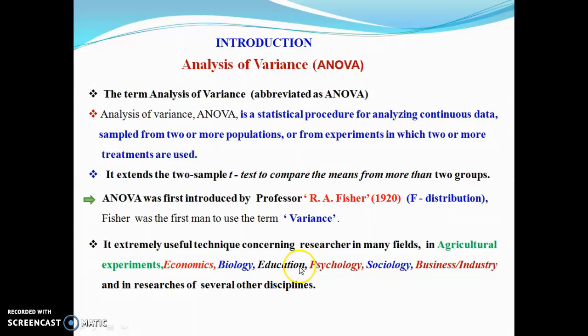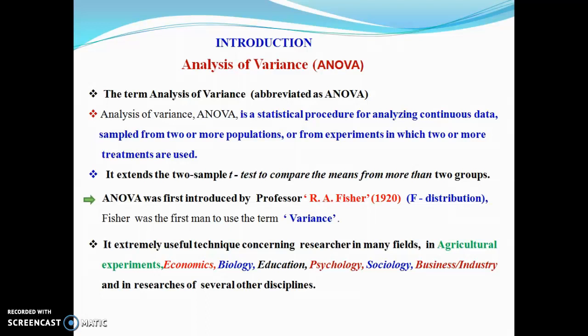The main objective of this unit of analysis of variance is to test, on the basis of sample observations, whether the means of 3 or more populations are equal or not.